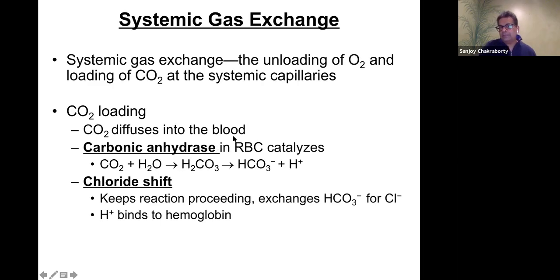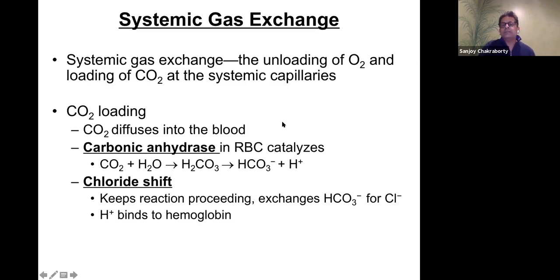That's in the RBC. Once carbonic acid is produced, it breaks down into bicarbonate ion and hydrogen ion, or proton. This hydrogen ion will be accepted by the hemoglobin, so the pH does not vary. But the bicarbonate ion, which is very important, has other functions as a buffer in the body, which you do not need to know right now.